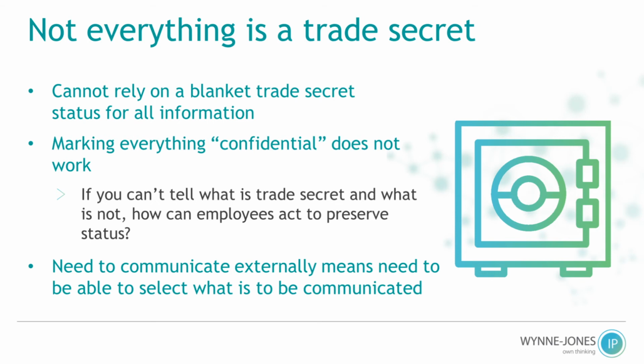And so you need to be able to select what is to be communicated and move that into a different status. It's no longer a trade secret and therefore can be disclosed publicly, or it is a trade secret and we need to do something about communicating with that third party to maintain that trade secret status. So a fundamental rule, not everything is a trade secret. Make sure you can differentiate between the two.